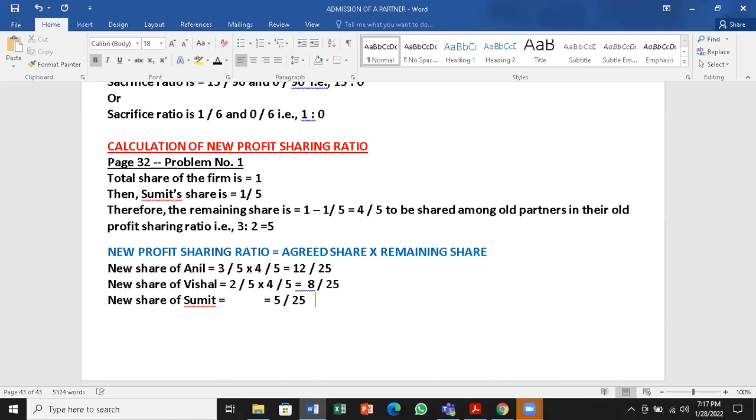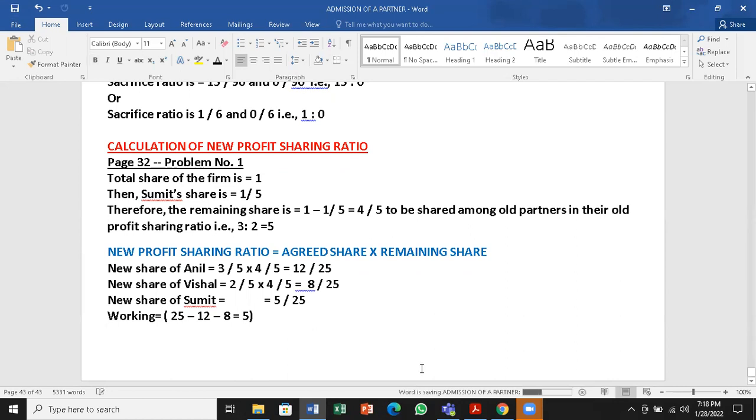Or we can do otherwise also. How we can do otherwise? For example, say total 25 is the share minus what is given to the old partners, Anil 12 minus Vishal 8, that is equal to 5. So that way also we can do. It becomes 5/25. So this is for your working. You can do this method also.